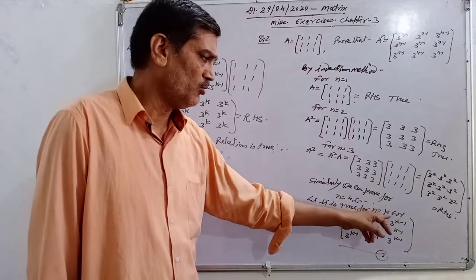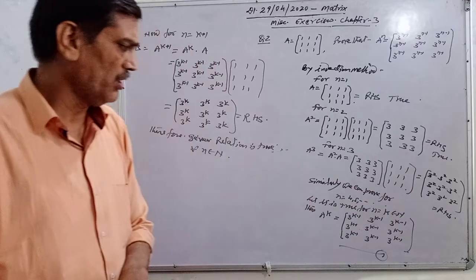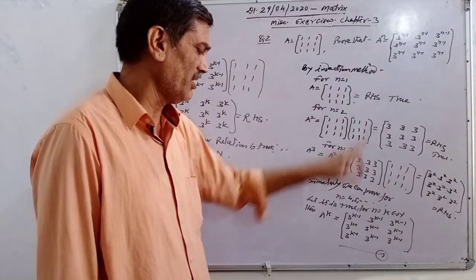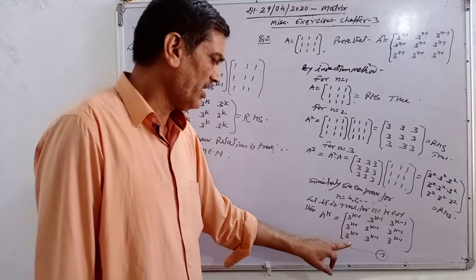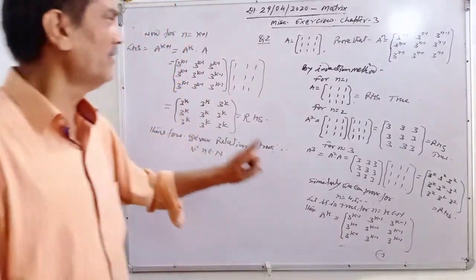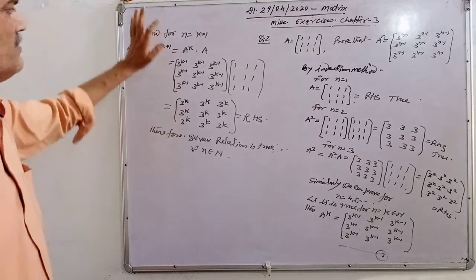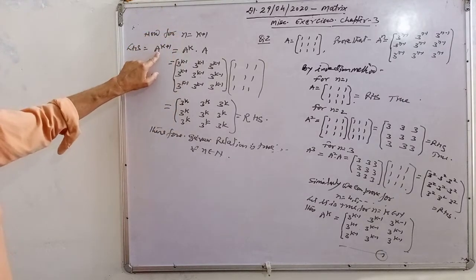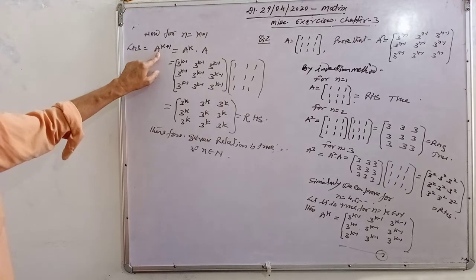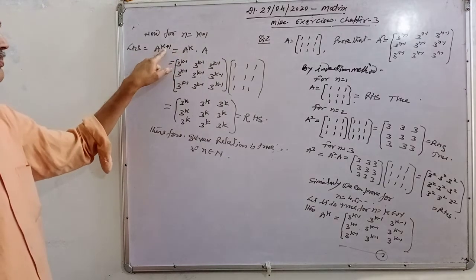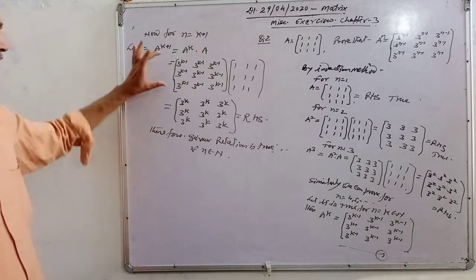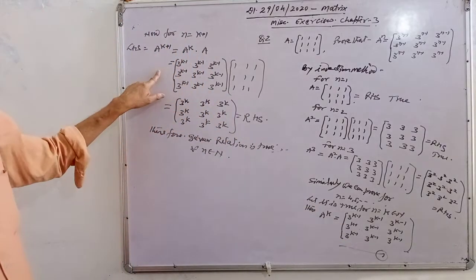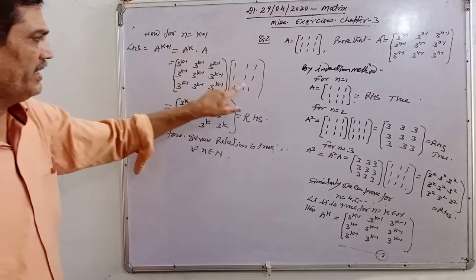Now you can assume an unknown number, n is equal to k, where k belongs to the natural numbers. So when you put n is equal to k, directly write the result, left and right. And you will use this result for the next number, n is equal to k plus 1. So on the left side, putting k plus 1 in place of n, you will get A to the power k plus 1, that is A to the power k into A. The value of A power k from the first result is written here, and into A is this.